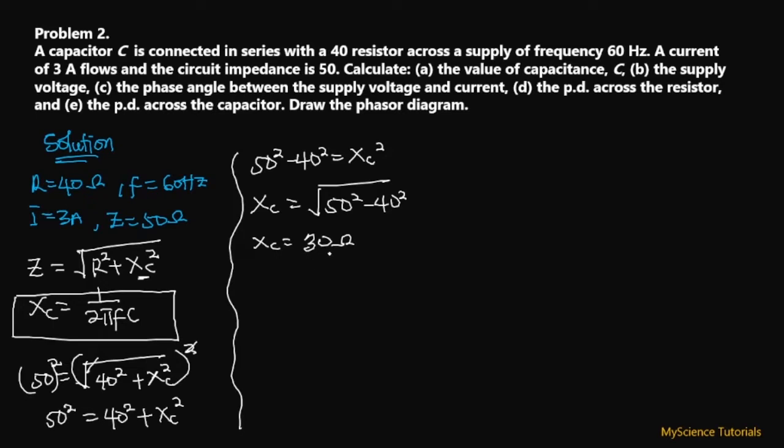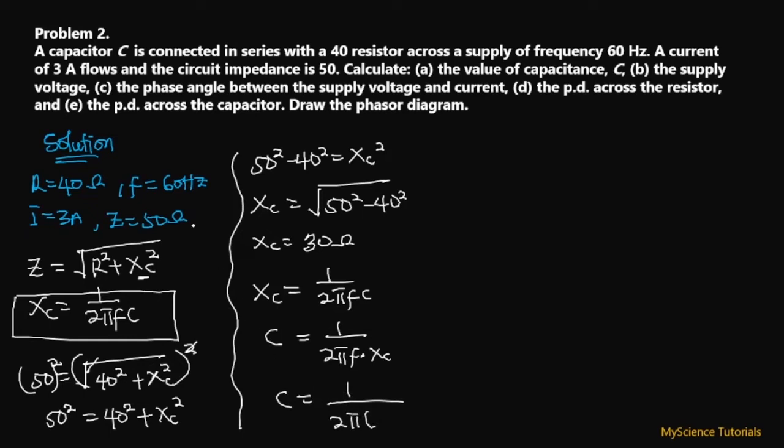So now that we have our 30 ohms, we know that XC is equal to 1 over 2 pi fC. To find C, if we make C the subject, we are going to have 1 over 2 pi f multiplied by XC. So C is equal to 1 over 2 pi, our frequency is 60, multiplied by XC, which we just found to be 30.